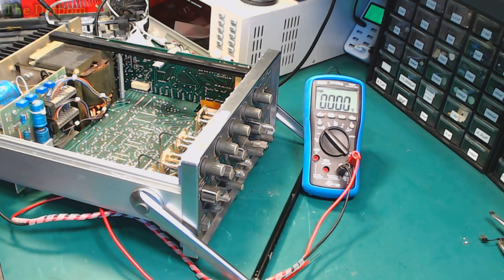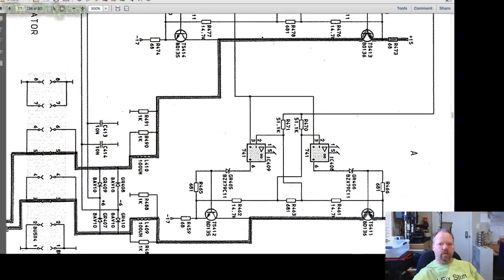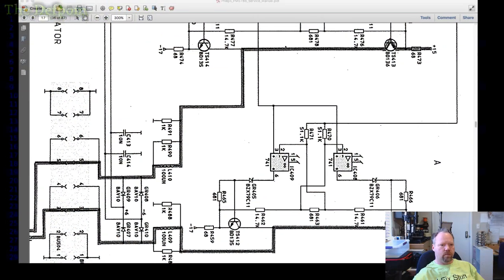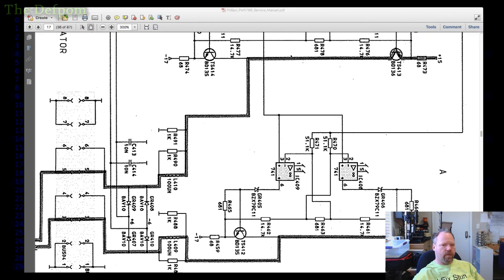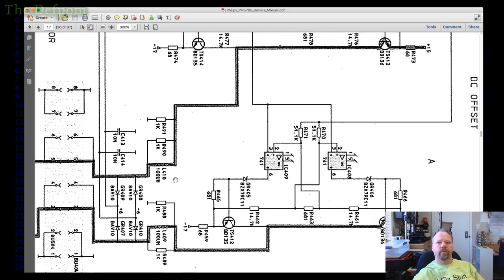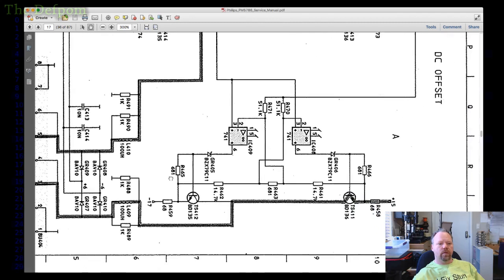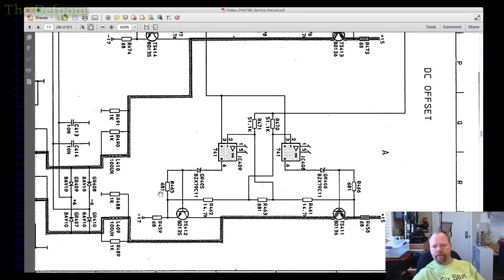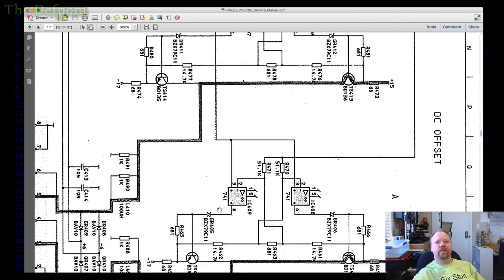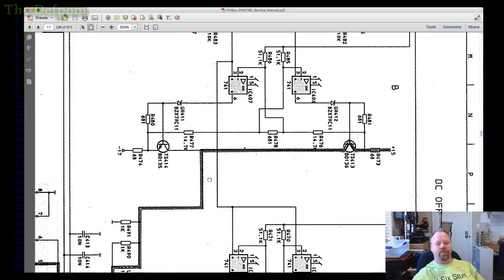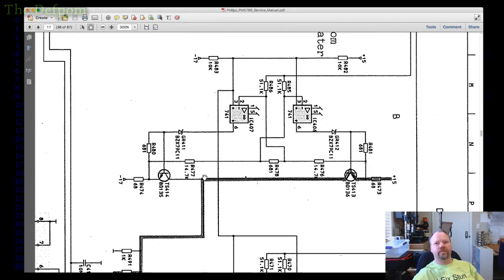This diagram's not actually for this unit. It's for a different unit, which is similar but different. Yeah, it's a massive box too. It's actually twice as big as I thought it was going to be.